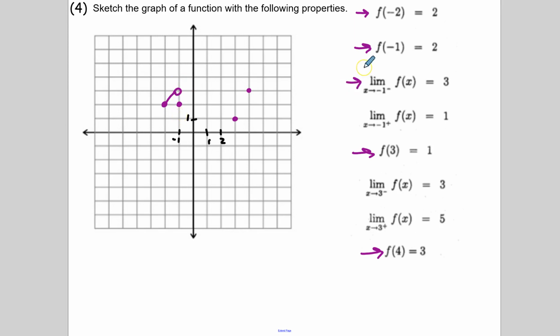So that one's done. The limit of f of x as x approaches -1 from the right is 1. So coming at it from the right, I suppose I could just start at this point, or somewhere to the right of it, and we want to come up toward a height of 1. So I'm going to make this crazy.